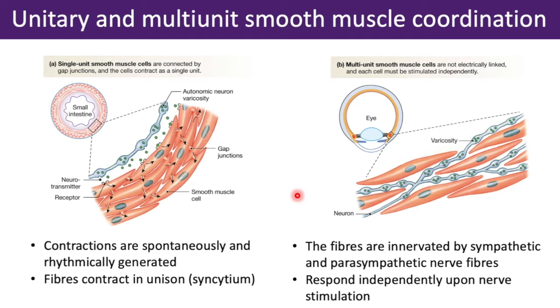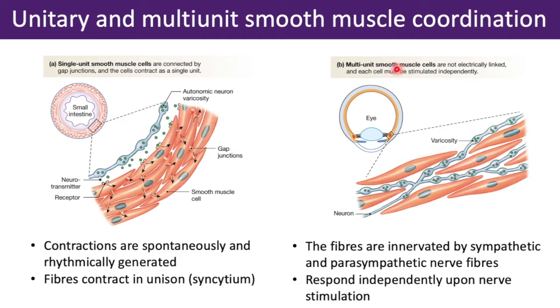Again, to differentiate between unitary and multi-unit smooth muscle: in unitary smooth muscle, such as in the intestine, when there is an action potential, neurotransmitter will be released from the varicosities into the cells and through the gap junctions. So these several smooth muscle cells will contract together as a single unit.